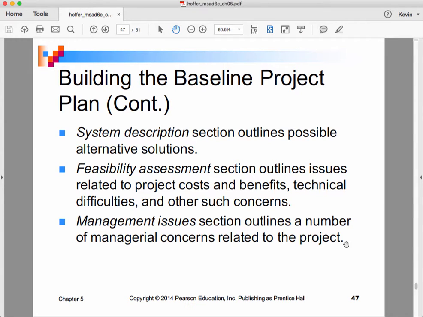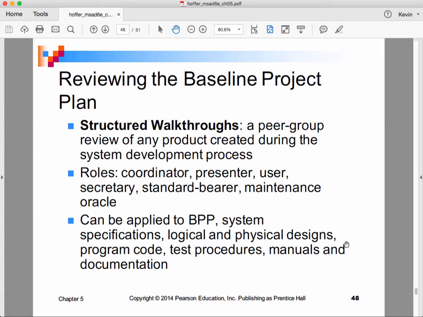Here are a whole bunch of things for the baseline project plan, all kinds of different parts to it. It's something that can be very important to do with any kind of plan, is to walk it through with the players involved.